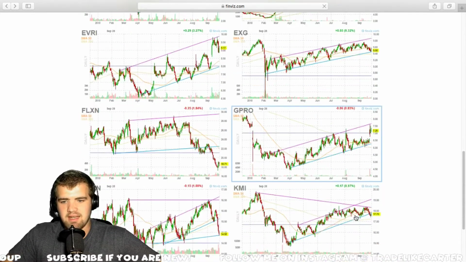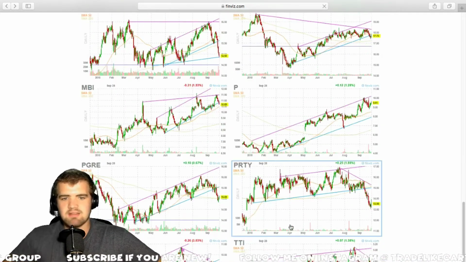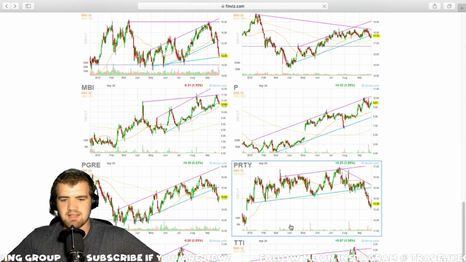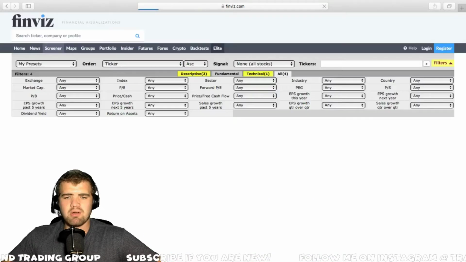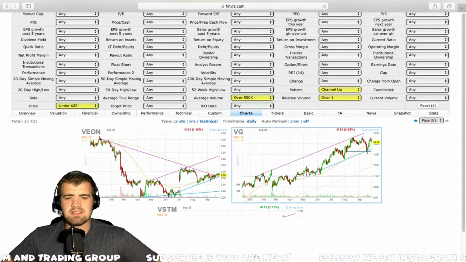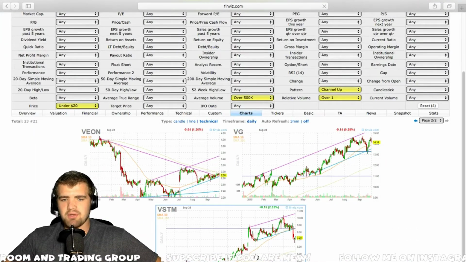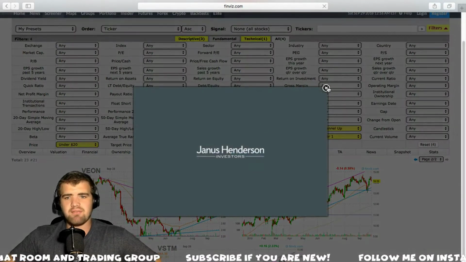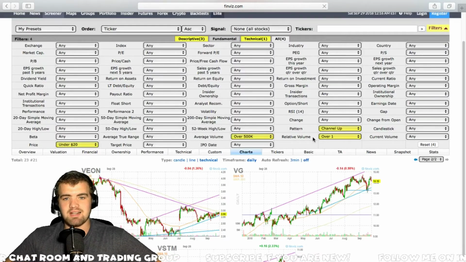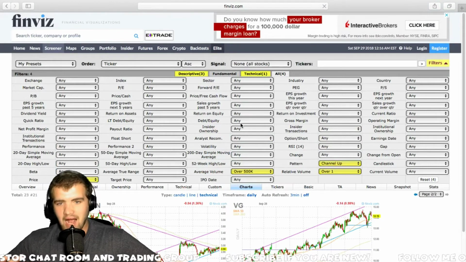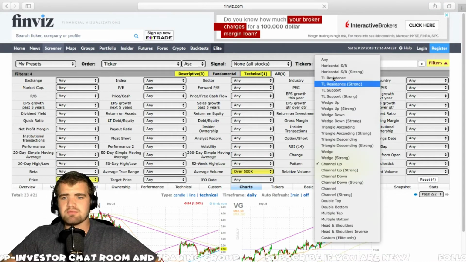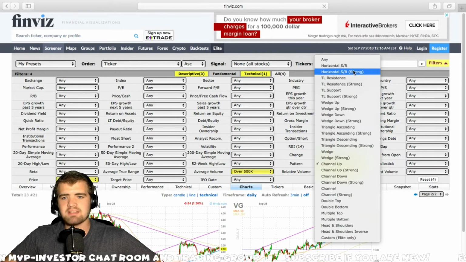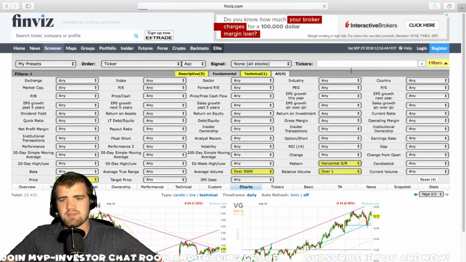But like I was saying, this is one of the easiest ways you guys can find stocks, especially if you use Robinhood and you don't have access to a stock screener built in with your broker. Finviz is a fantastic way to look for stocks, and I would highly recommend it to anyone.